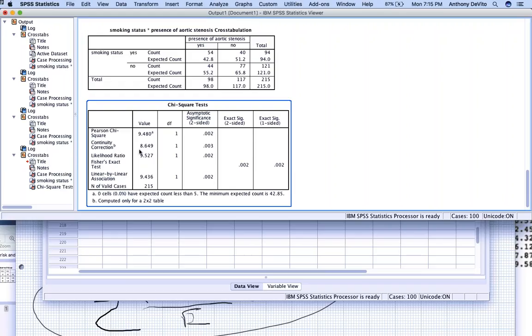Well, now our value for chi-square is 8.649. Still comparing it to the critical value of chi-square, 3.84, we still reject the null hypothesis at 5%. Well, how about 1%? Well, we kind of lucked out there. We still rejected at 1%. This is a little bit more likely that we would get this outcome if there were no association than if we use Pearson's chi-square. But both of them were pretty far away from what we needed.